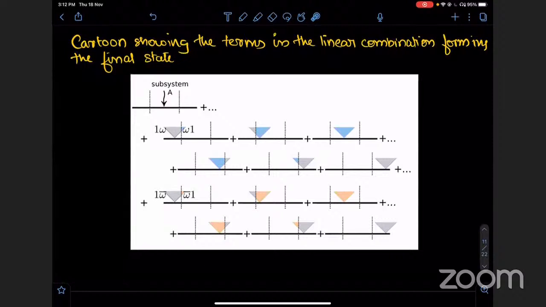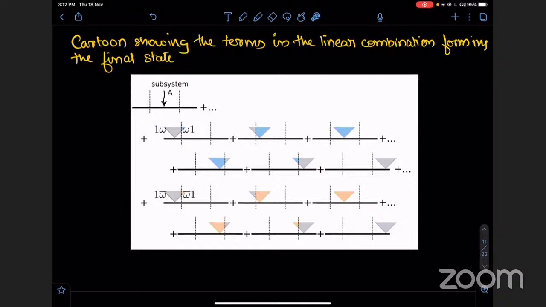The cartoon shows the linear combinations appearing in the final state after the quench. At every point in the system, domain walls are created, and if a pair of domain walls crosses the boundary of a subsystem, then that contributes to the entanglement. Okay.